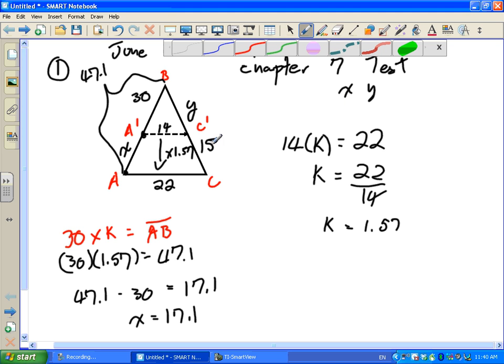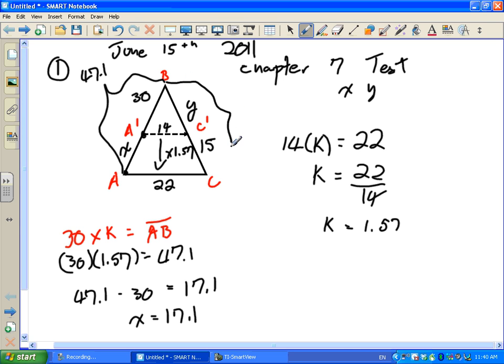Okay, so the other side of the triangle is a little trickier. It's given us the distance from C to C, and it's asking us to solve from A to C1 here, okay? So what I do know is my scale factor, and I'm going to make two equations.